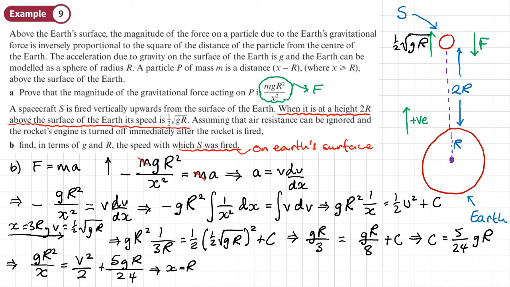We want to find the speed, we want to find v. So we replace x here with r. So we'll have gr squared over r. Well, that will just become gr. So we'll just simplify that there. gr is equal to v squared over 2 plus 5 over 24 gr.